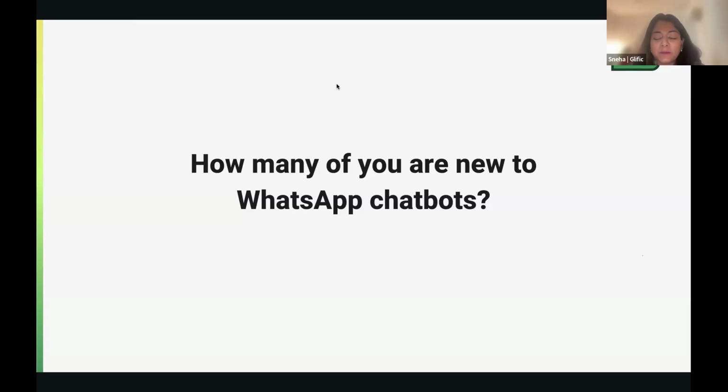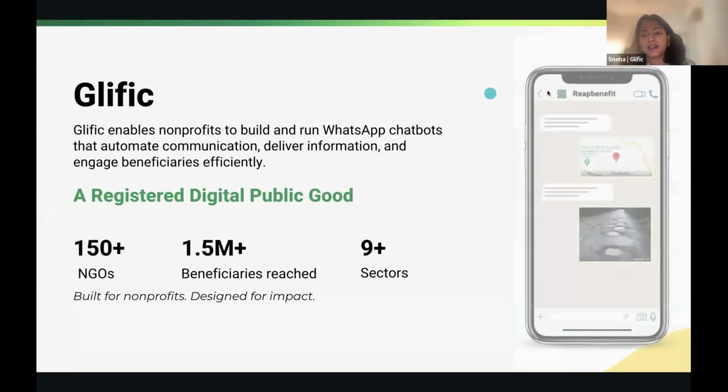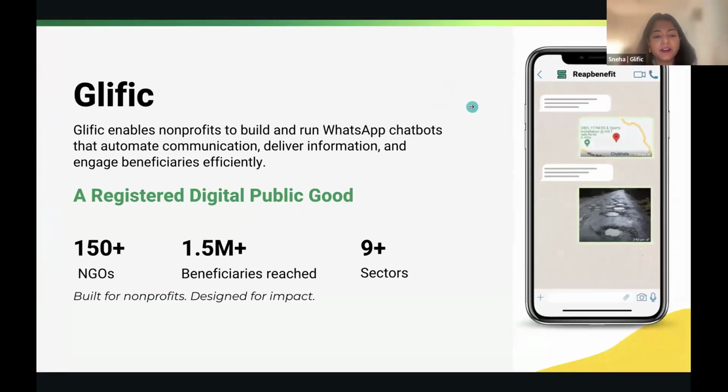Okay. And I'm going to talk a little bit more about Glyphic now, which is the WhatsApp chatbot, which is used by organizations, NGOs here. So what Glyphic does is, basically Glyphic is an open source platform which helps any organization to launch a WhatsApp chatbot.